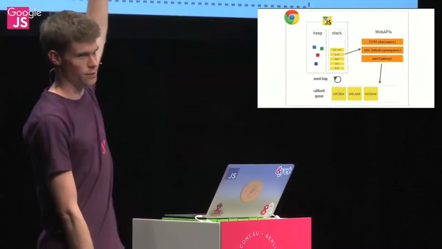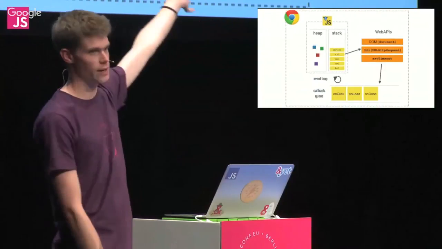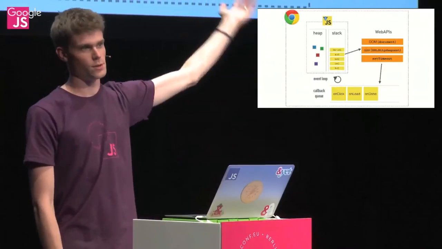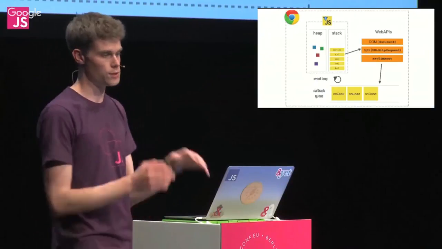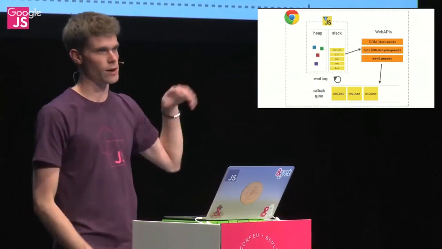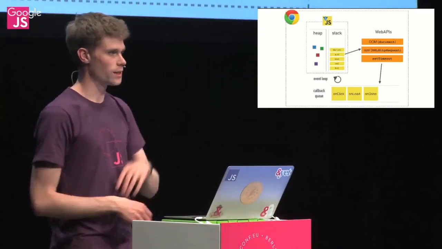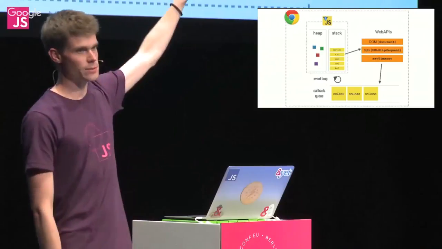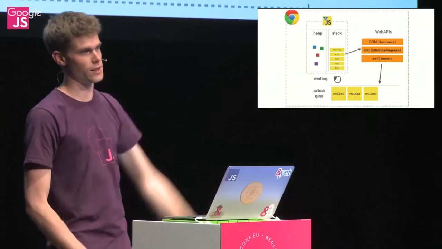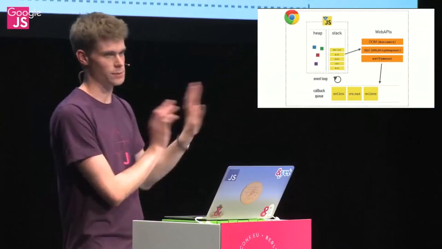The JavaScript runtime can do one thing at a time, but the browser gives us these other things, right? It gives us these web APIs. These are effectively threads that you can't access like threads. You can just make calls to. And those pieces of the browser are where this concurrency kicks in. If you're a backend person, this diagram looks basically identical for Node, except instead of web APIs, we have C++ APIs, right? And the threading and all that stuff is hidden from you by being run in C++ land.